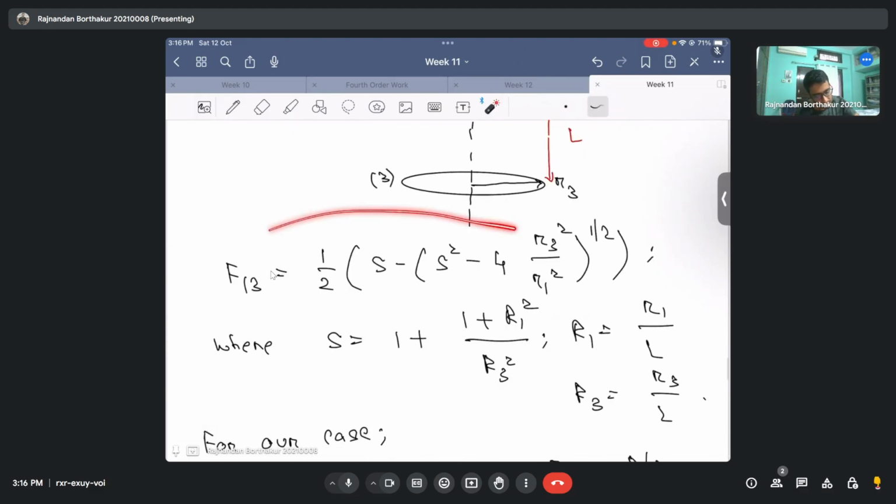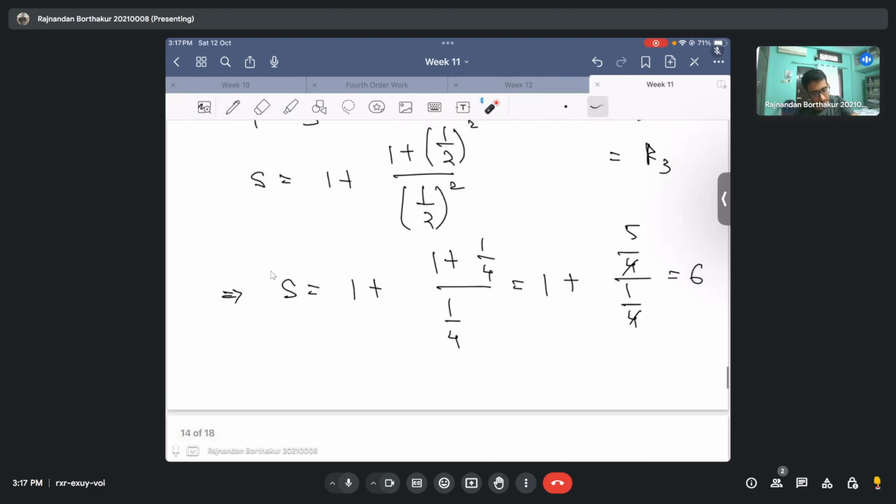And then if I substitute this value of S into this expression, you will simply get your F13. You just do it at your end. You should get F13 to be equal to 0.172.